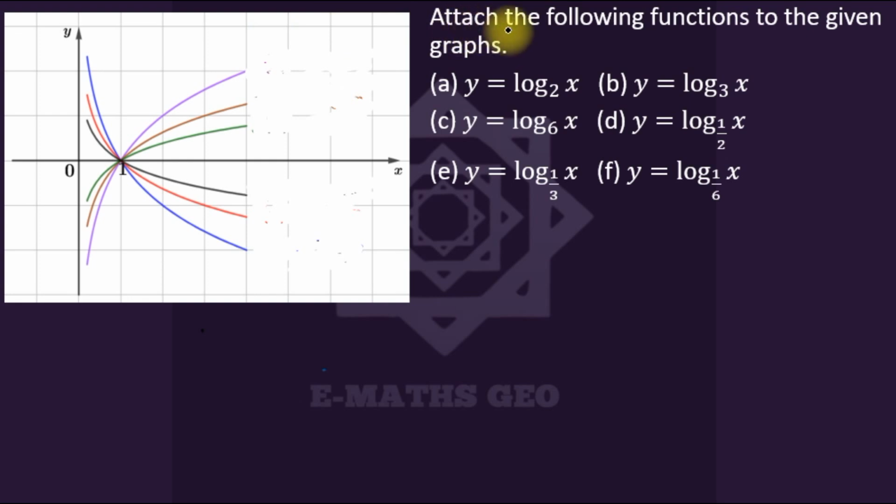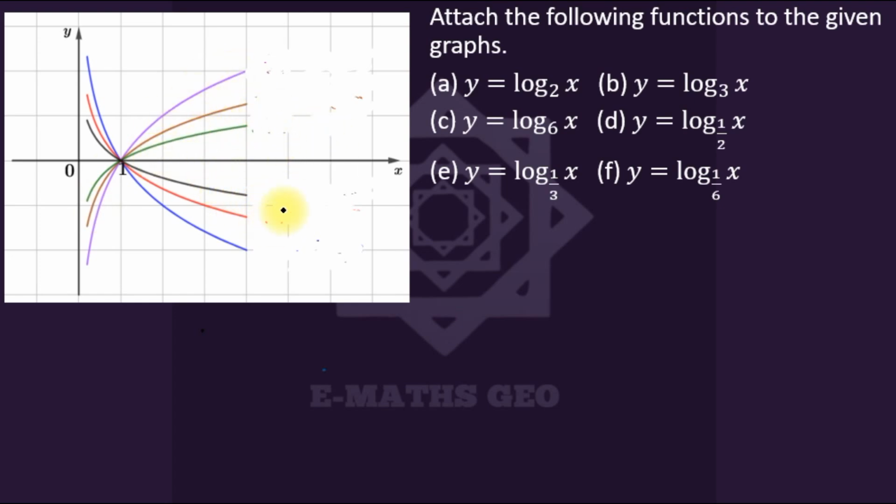Look at this. We are asked to match the following functions to the given graph. If you have more than one graph plotted using the same axes, we have two sets of graphs here.